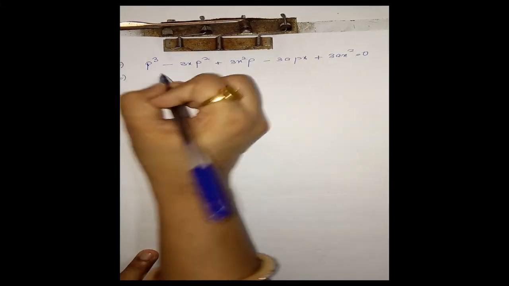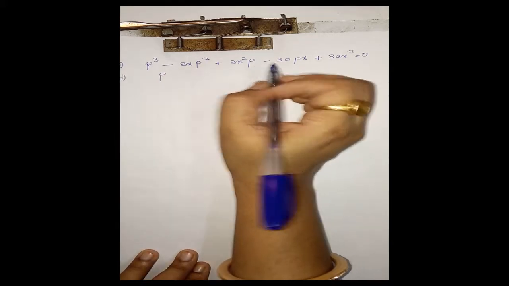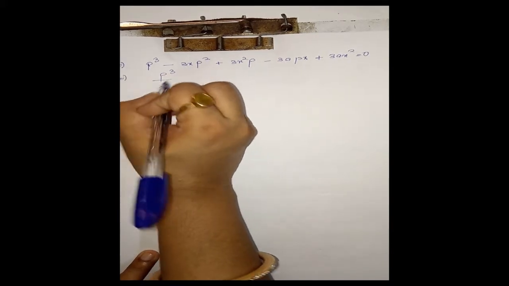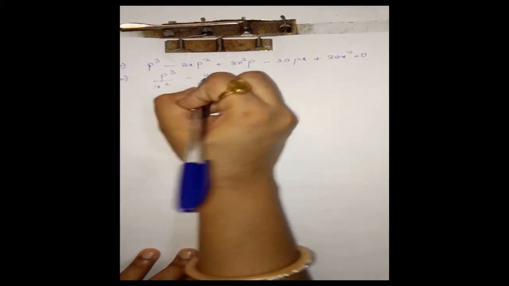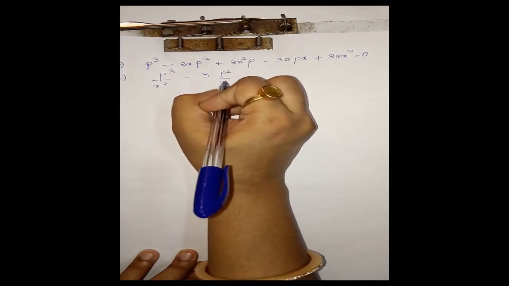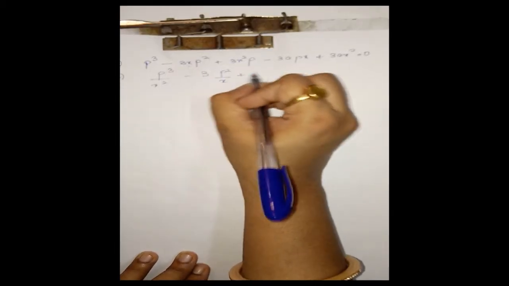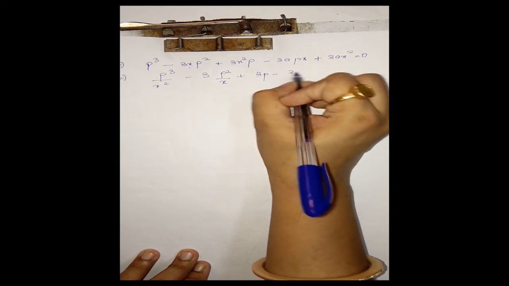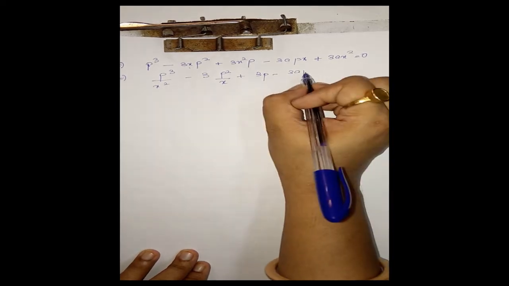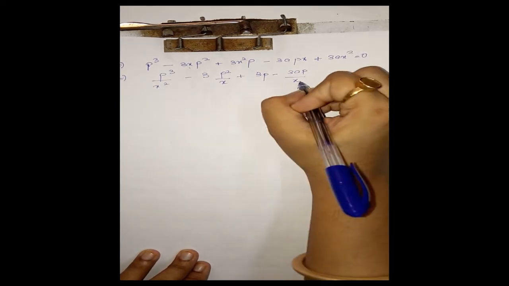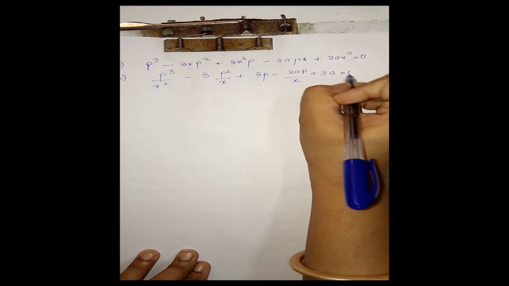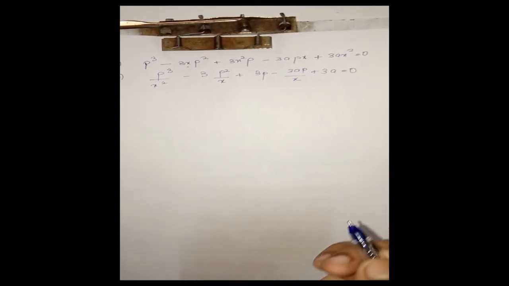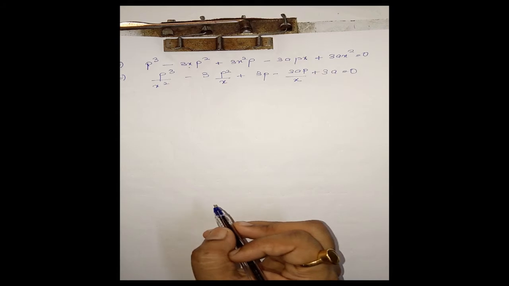Now on dividing by x square, this is p cube by x square minus 3p square by x, plus 3p minus 3ap by x plus 3a is equal to 0. This I get.